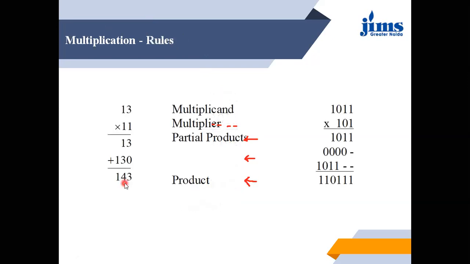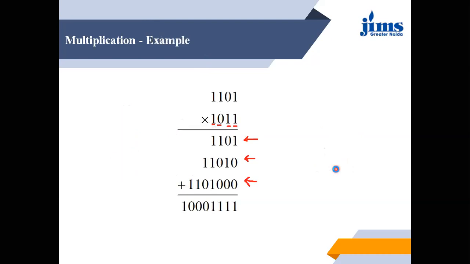How many digits do we have? Here we have 2 digits, so we get 2 rows. Here we have 3 digits, we get 3 rows. So the number of rows equals the number of digits, but here the number of rows is less than the number of digits.